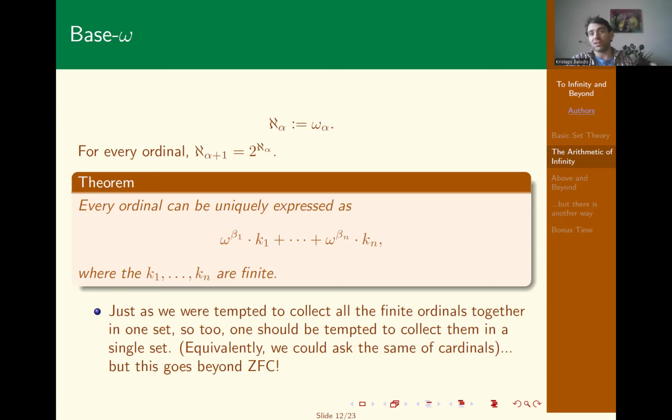But that goes beyond ZFC. If the collection of all of these things was itself a set without any other qualifying statements, then we're getting the set of all sets problems, and our axiom schema of comprehension forbids this, right?